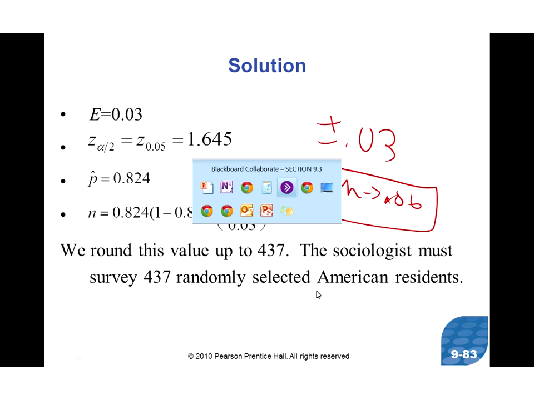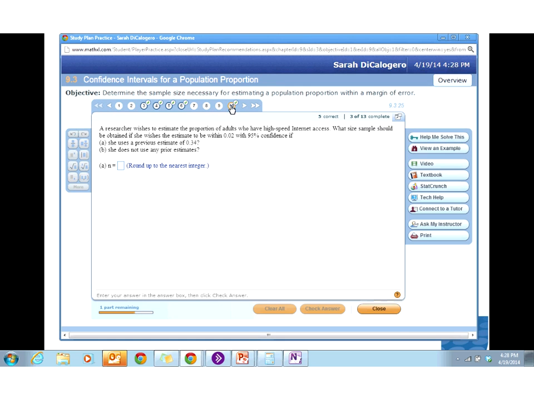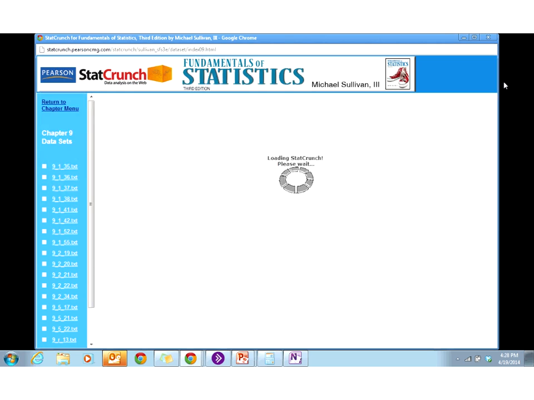Okay, let's look at the example I had. Chapter 10. A researcher wishes to estimate the proportion of adults who have high-speed internet access. What sample size should be obtained if she wishes the estimate to be within 0.02, so plus or minus 0.02, with 95% confidence if she uses a previous estimate of 0.34.